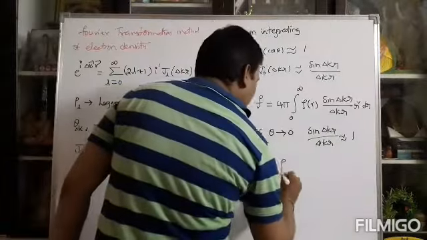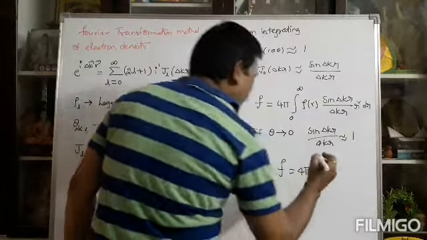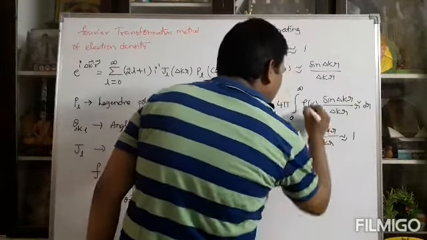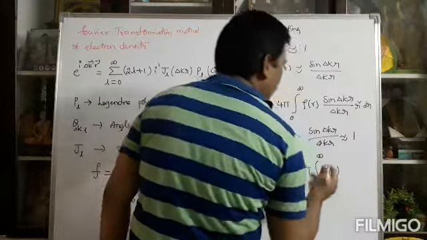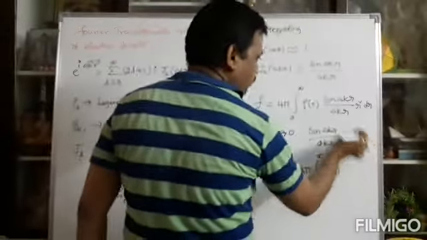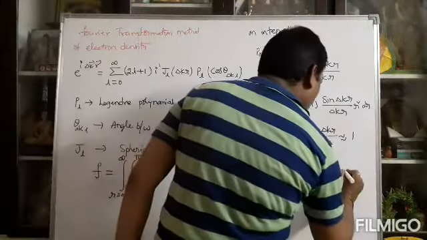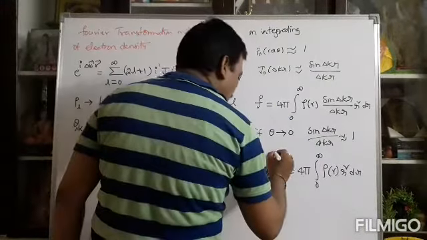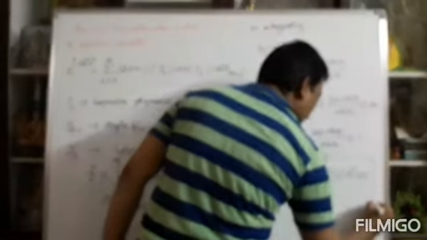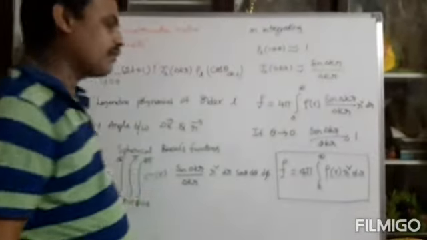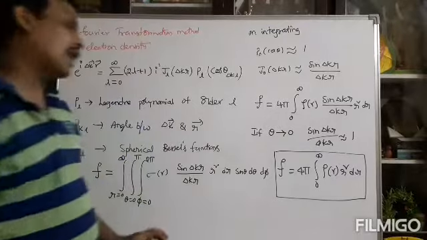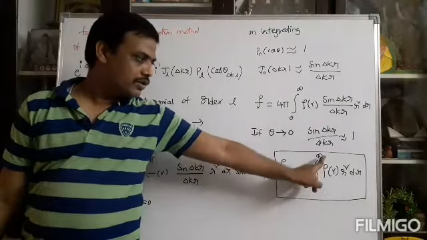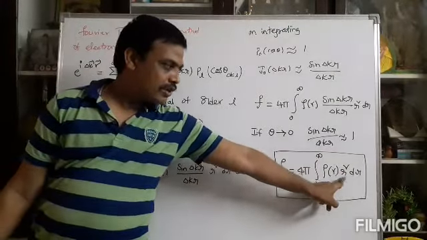You get the form factor value F is equal to 4 pi into integral 0 to infinity rho of r into sine delta kr by delta kr, which is equal to 1, into r square into dr. So on calculating, we get the result F is equal to 4 pi into integral 0 to infinity rho of r into r square into dr.